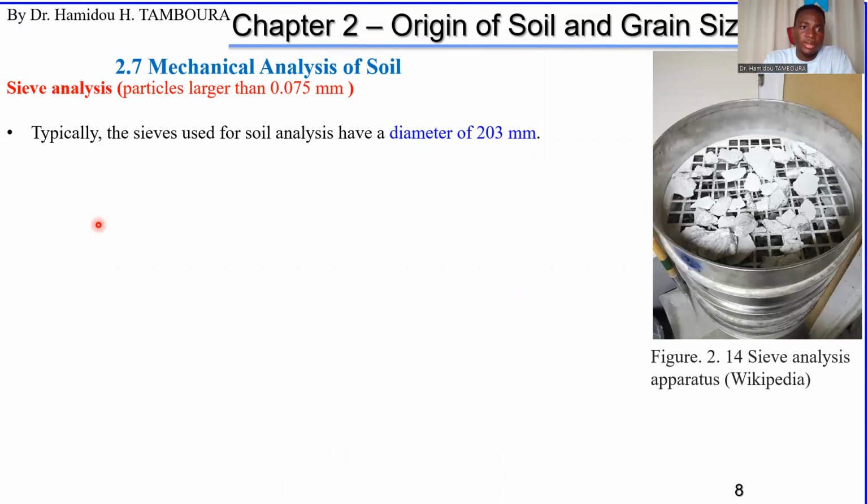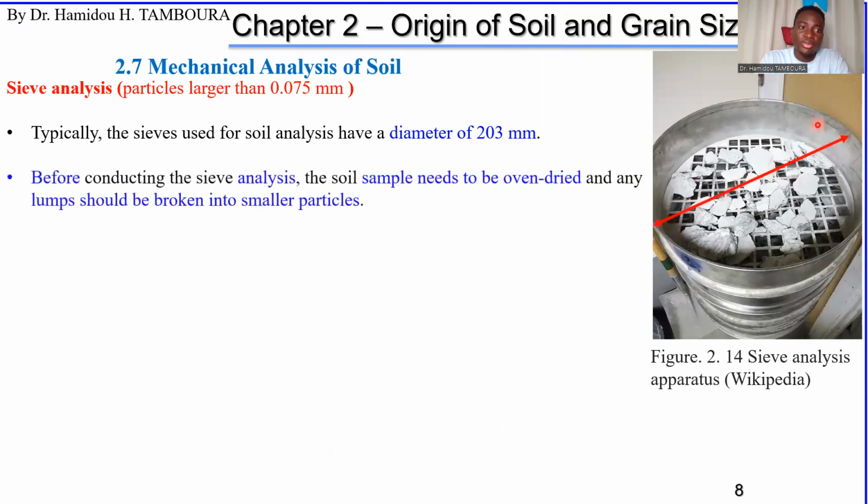So typically, the sieves they use have a diameter of 203 millimeter, like this diameter. And before conducting this sieve analysis, the sample needs to be oven dried, and if there are any lumps, they should be broken into small particles.